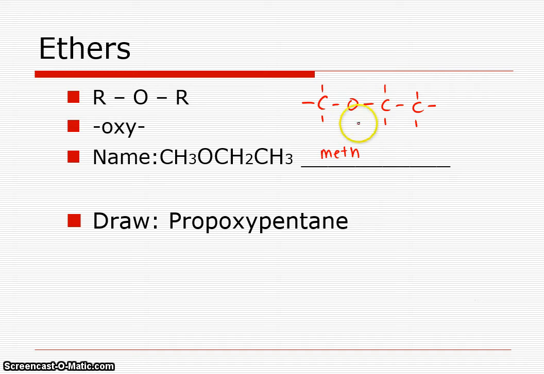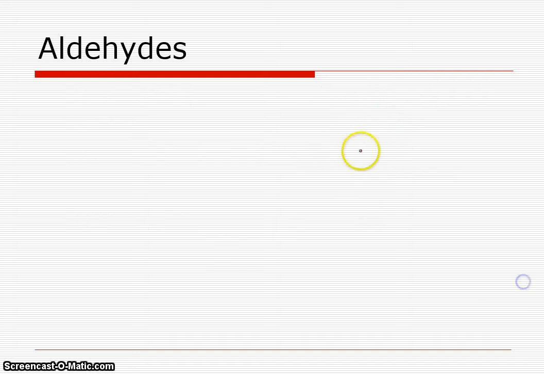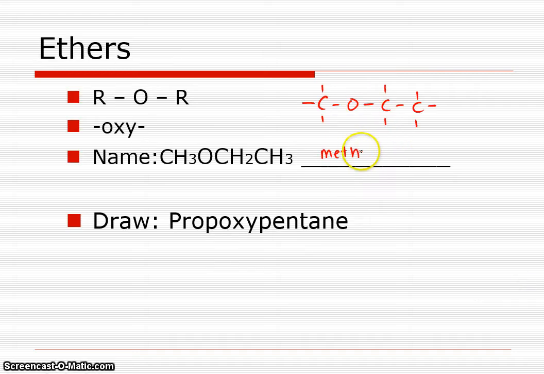I'm going to add oxy in to represent that O. And then 2 carbons is eth, and so I'll call it methoxyethane.